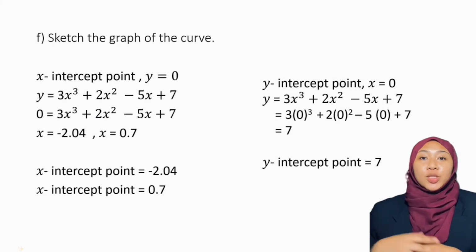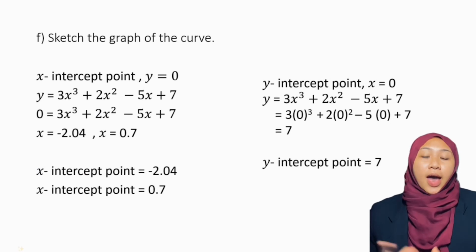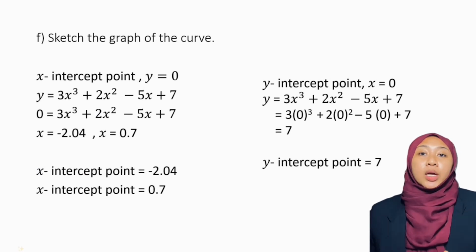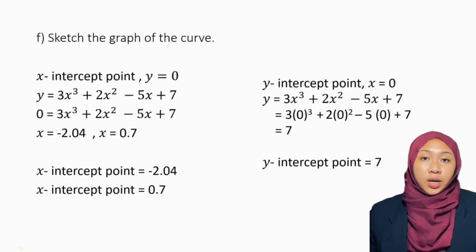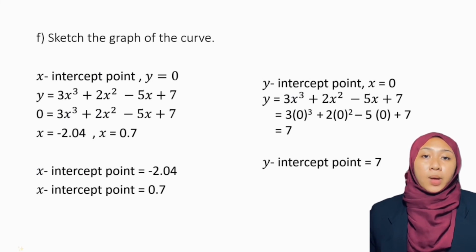Moving on to the next question, F. Sketch the graph of the curve. Firstly, you have to write the x-intercept point, y equal to 0. y = 3x power of 3 plus 2x power of 2 minus 5x plus 7. 0 = 3x power of 3 plus 2x power of 2 minus 5x plus 7.